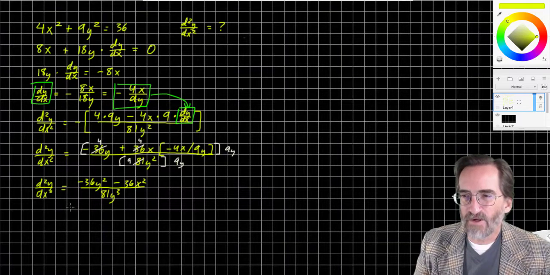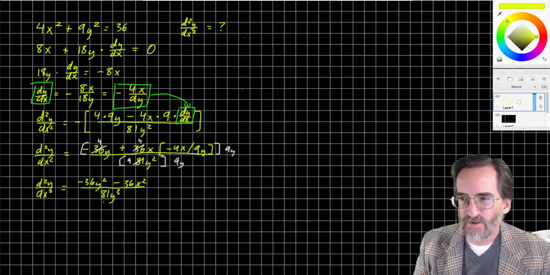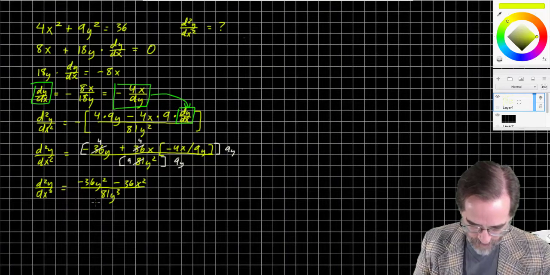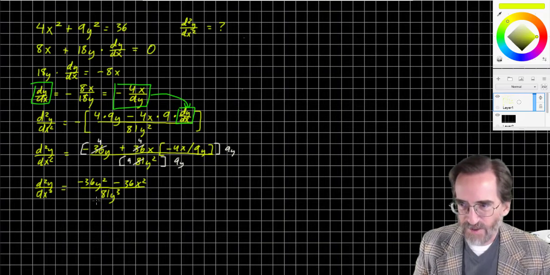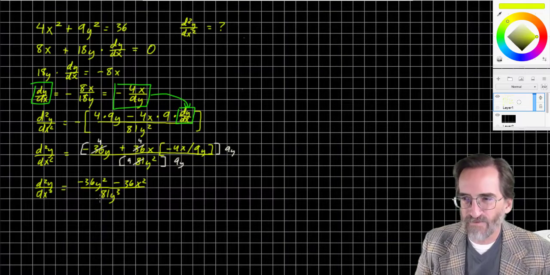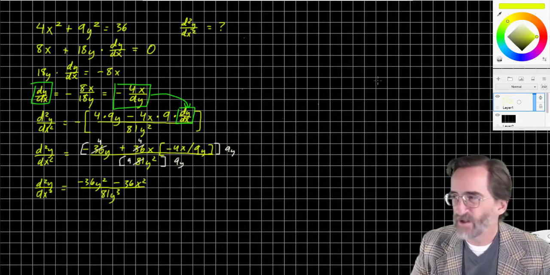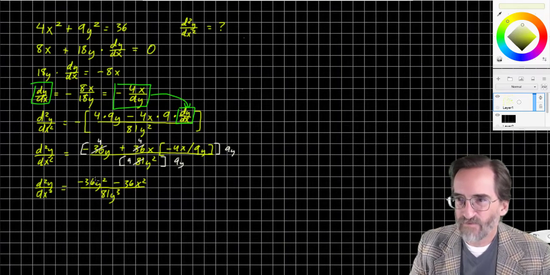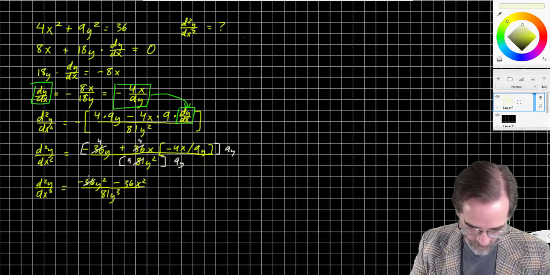So now I'm going to do a little bit of reducing. 36 and 81 reduce. I'm going to divide by 9. We get 4.